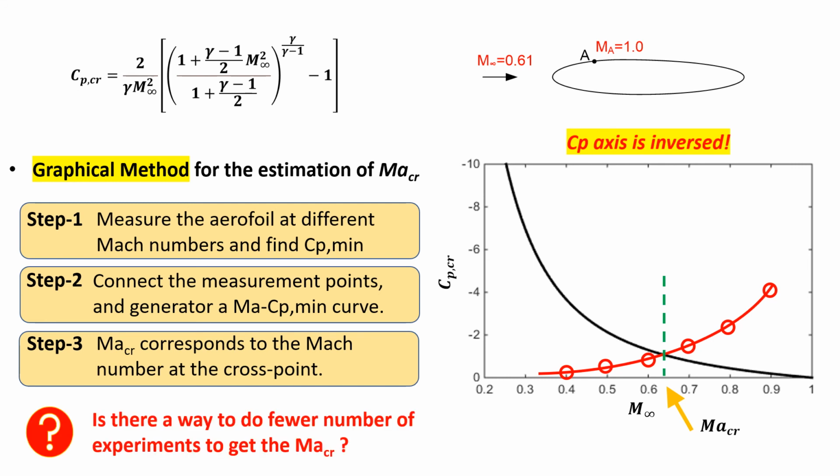Now you may have a question. Is there a way to do fewer experiments to get the critical Mach number? If we want to get the critical Mach number, we don't want to do so many measurements, because it's very expensive to do such high-speed measurements. That's the idea. This is the introduction of the graphical method, and I believe you can now understand how to use it to estimate the critical Mach number.